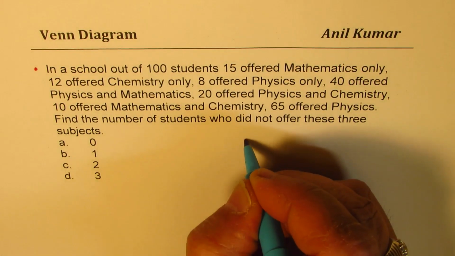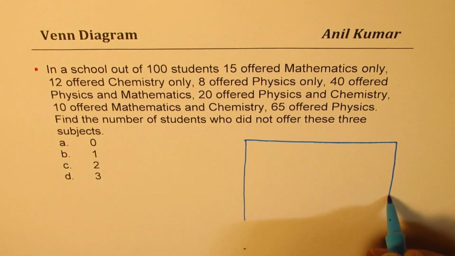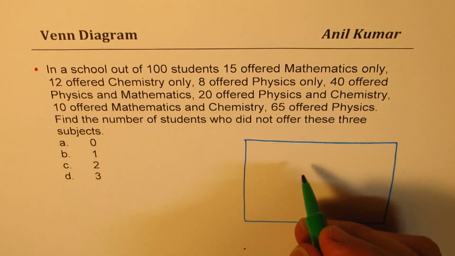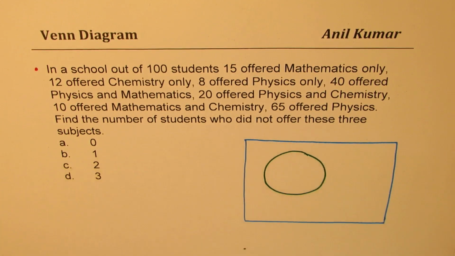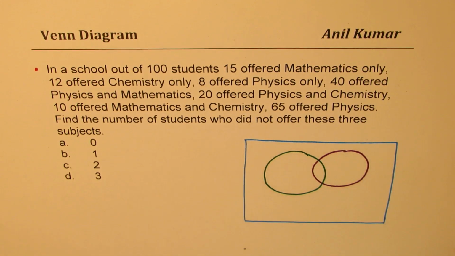Now to do such a question, we need to draw a neat Venn diagram and write down all the conditions given to us. We have three subjects, so let me make three circles representing these sets. Let's say this one is for mathematics, and then let's make one for chemistry and one for physics.